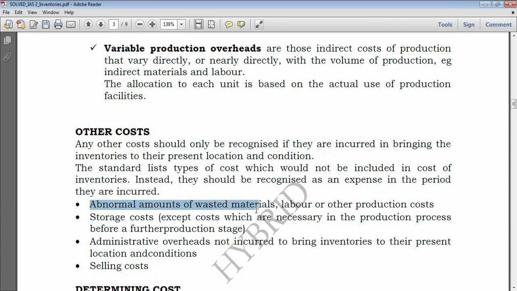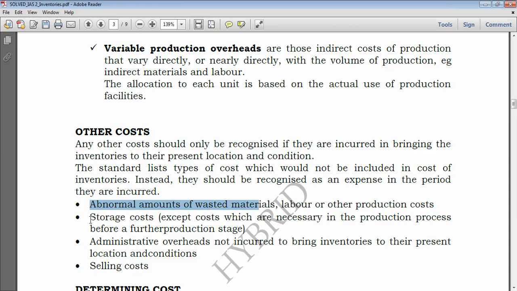Let's say you need to make a product, but maybe you are using labor that is not efficient, and it uses excessive material, or maybe a product loses quality and we have to rework. So we use 5 kilograms instead of 3 kilograms. Those 2 kilograms that are excess do not form part of inventory. They should be expensed for the period.